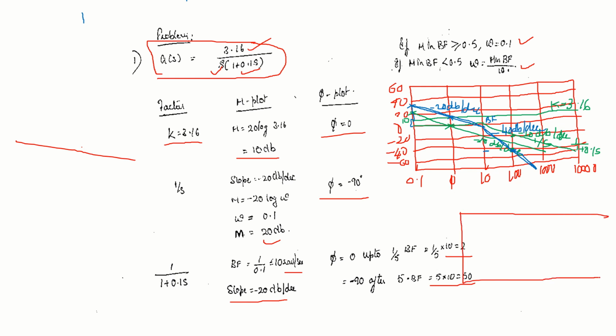Okay, assume this is your semi-log sheet. This is the 0 degree line.